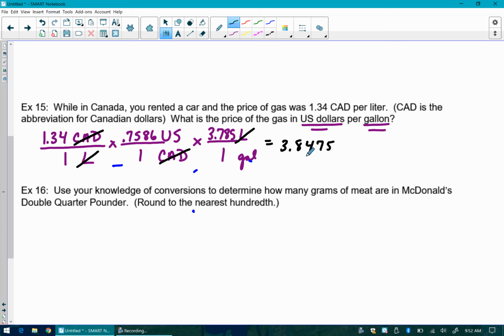Okay, so when I say round to the nearest cent, your pennies are here, and that's your hundredth spot. That 7 behind it tells me to round up, and so now I'm referring to $3.85 per gallon. Final answer. I just converted that Canadian money per liter into US dollars per gallon, okay?